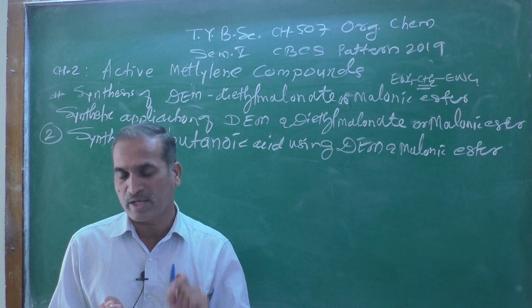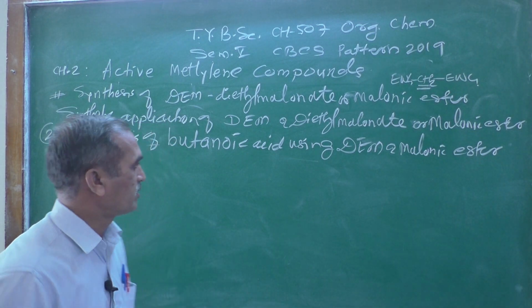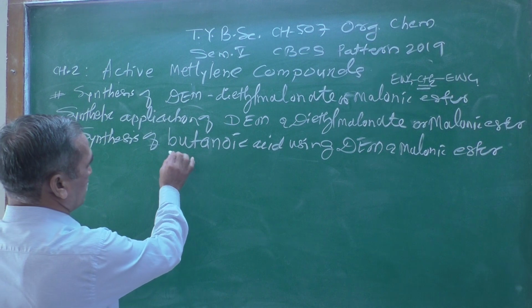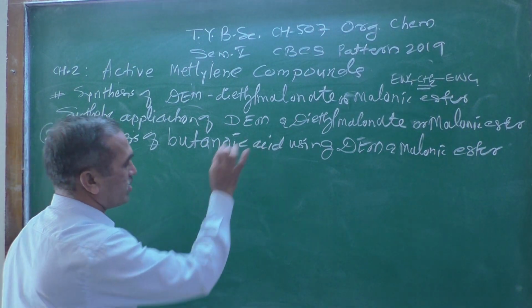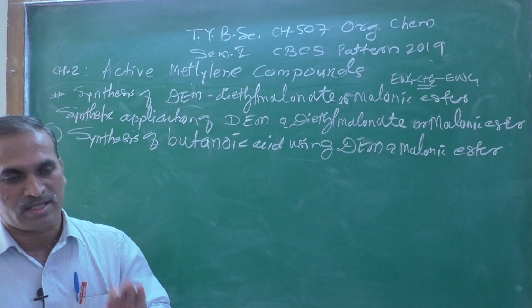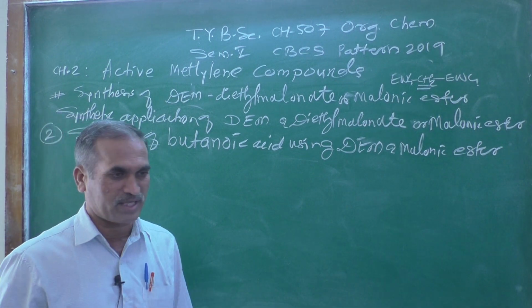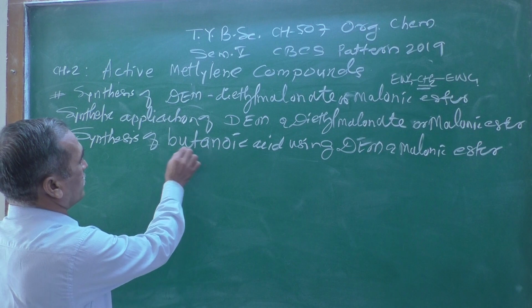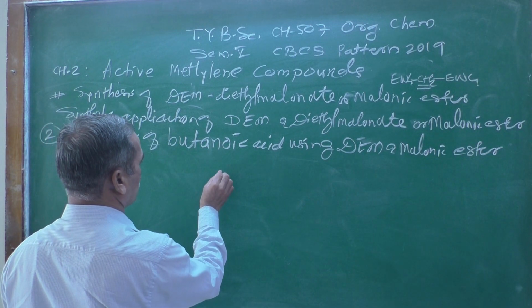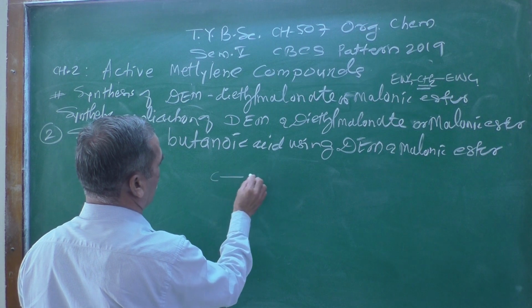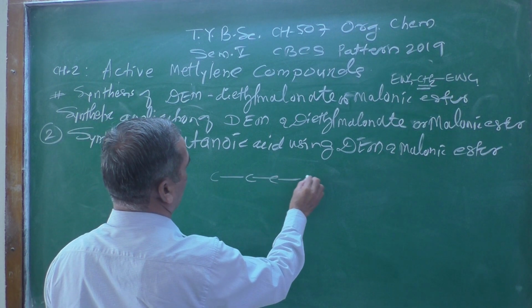You have to achieve the target molecule. That's the thing. The first point required here is to draw the correct structure of butanoic acid. The "oic acid" indicates that a carboxylic group is present, and "but" indicates that there are 4 carbon atoms in the straight chain. So let us see. Draw one carbon atom here, another one, and this third one.